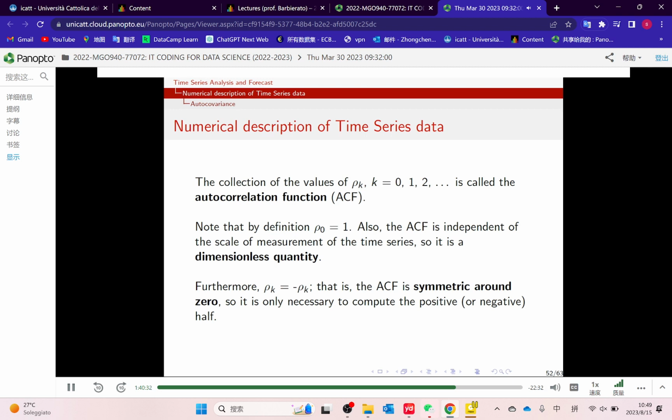And again, when you project it on a diagram, there are some considerations you can make. Just a couple of considerations. In the first place, you do not have any unit of measure. So in this sense, the autocorrelation is a dimensionless quantity. It's also symmetrical.